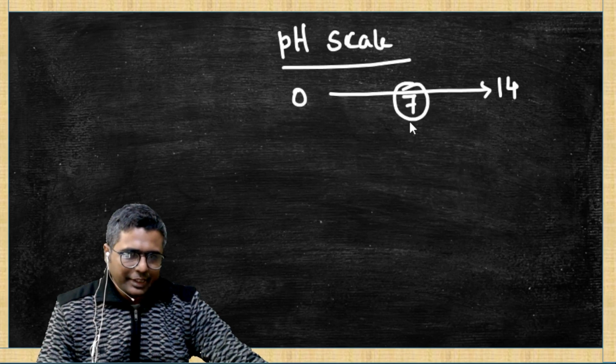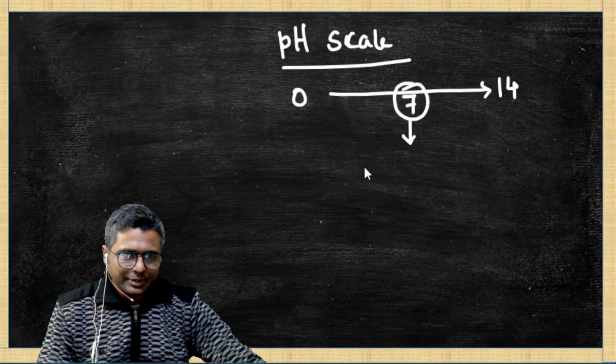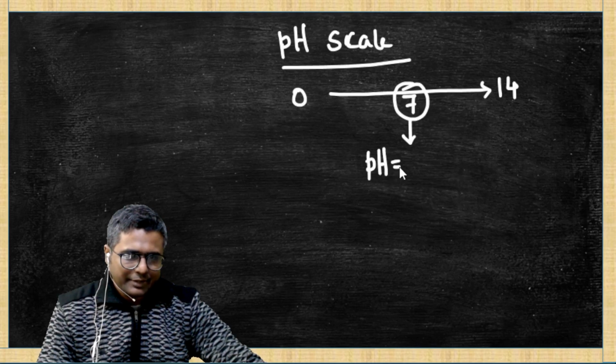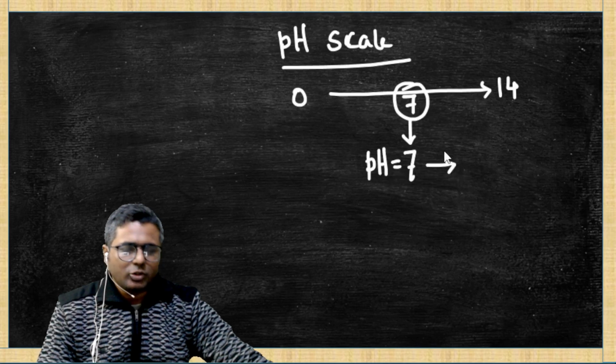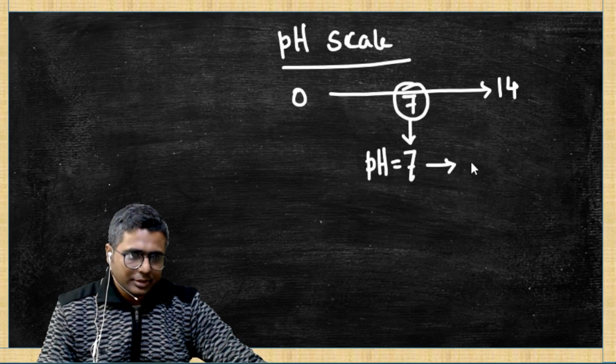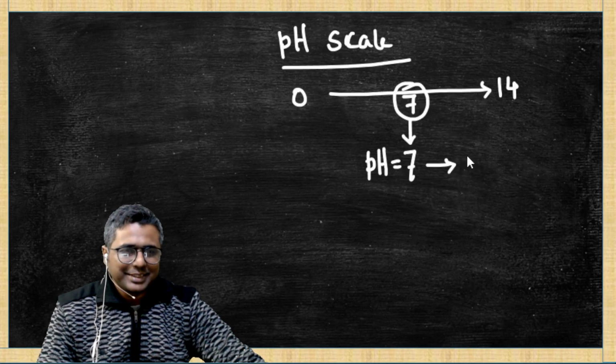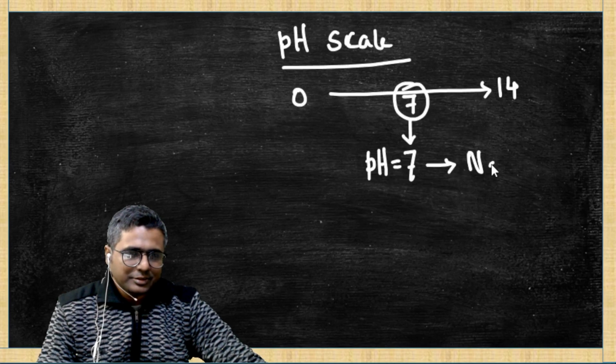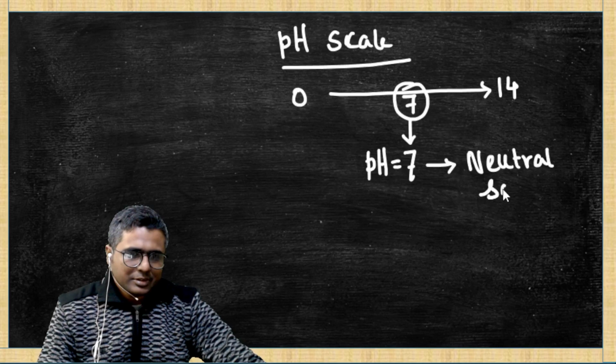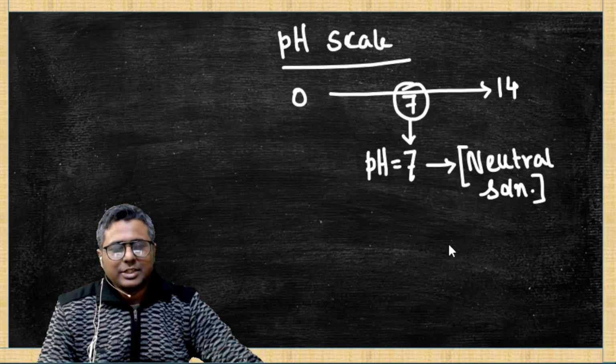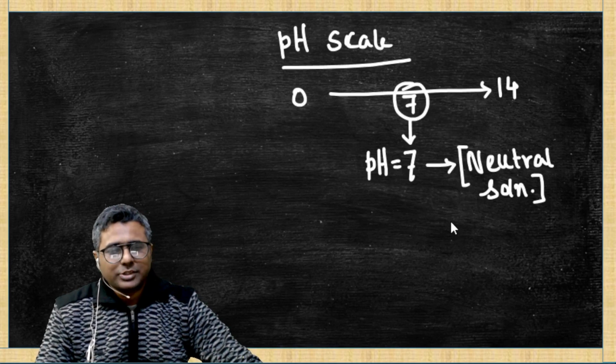If the pH is 7, this indicates the solution is neither acidic nor basic. The solution is neutral. pH equal to 7 indicates a neutral solution.